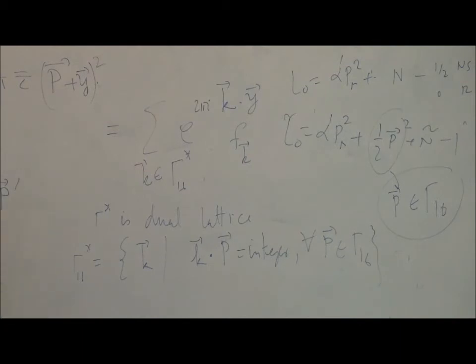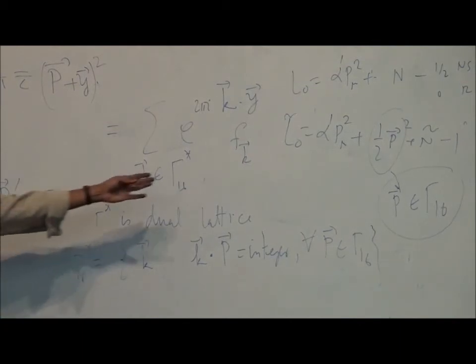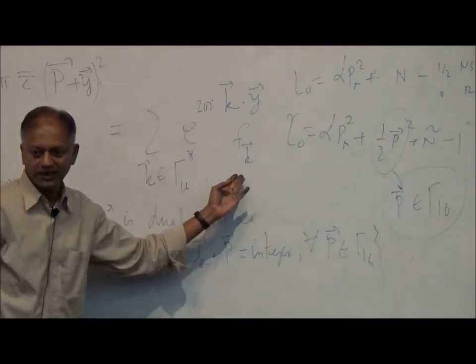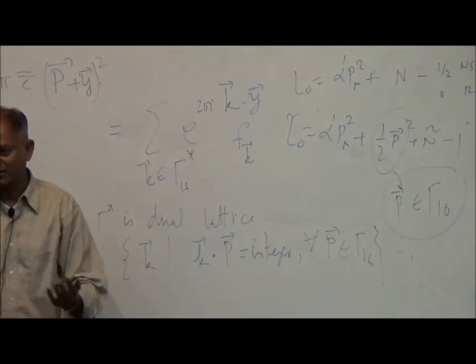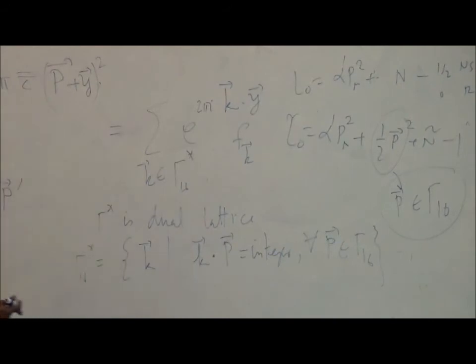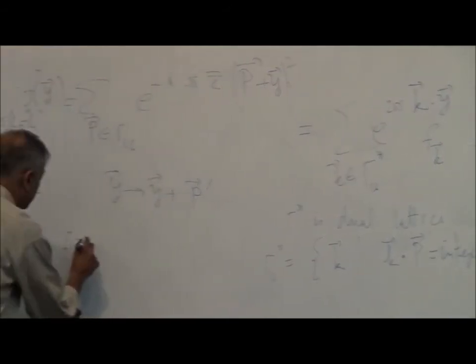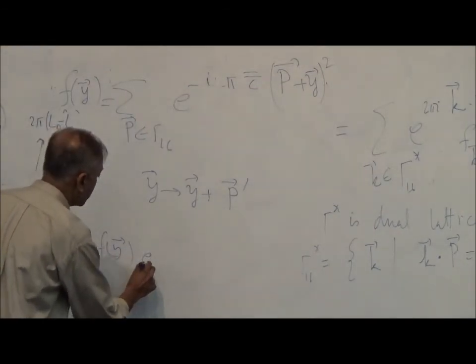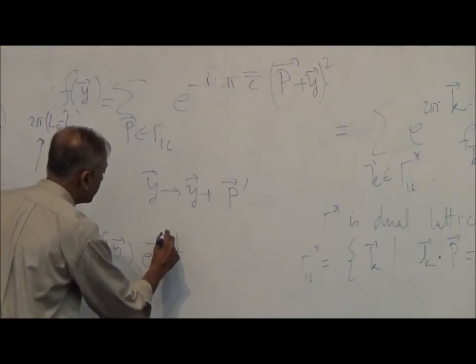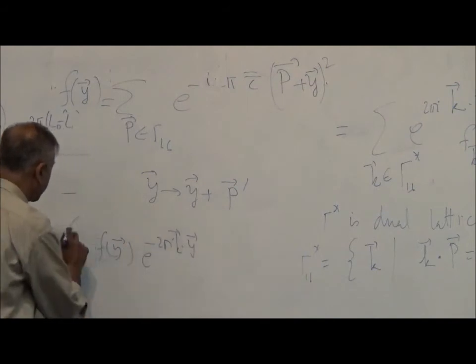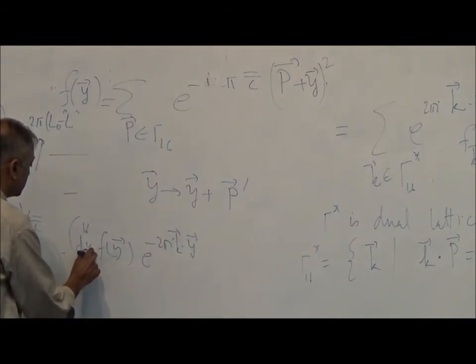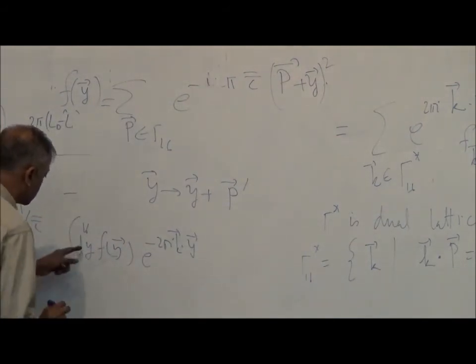Okay, so the next step would be to compute this f of k. How do we compute the f of k? Just the inverse Fourier series, the standard technique, right? So we take this f of y, multiplied by e to the minus 2 pi i k dot y, integrate over all the 16 dimensional y's.